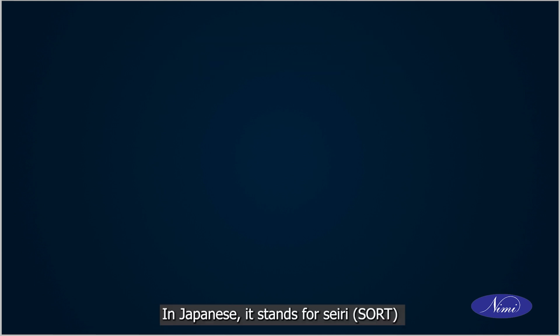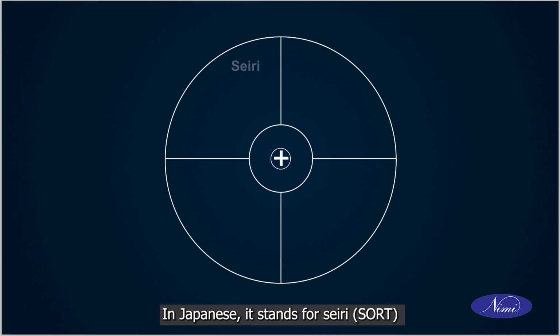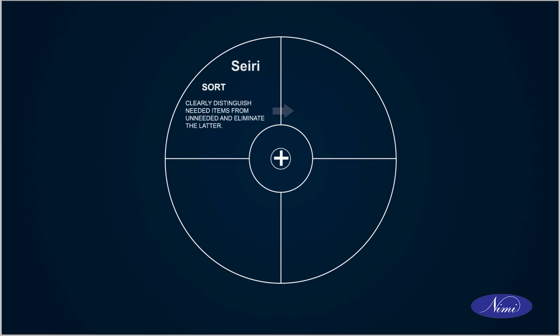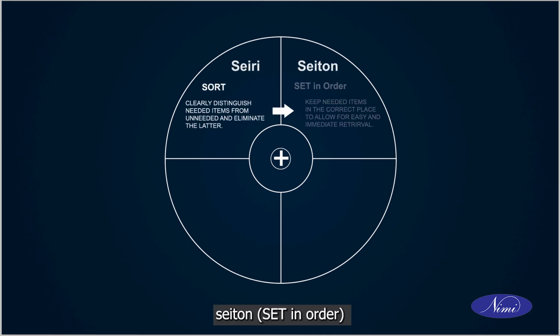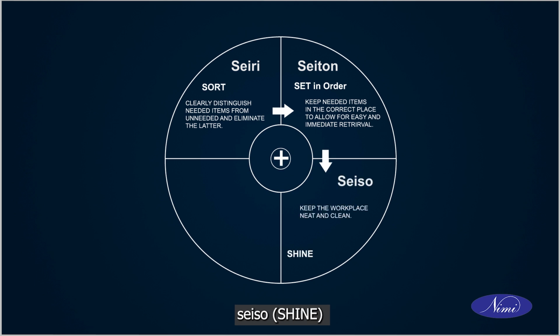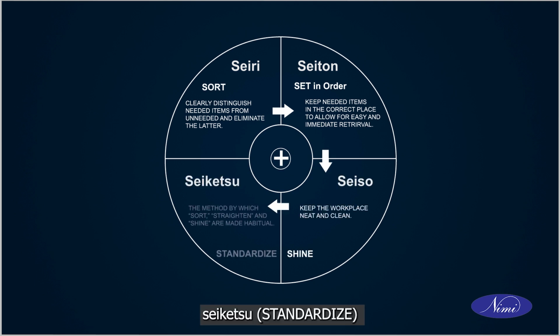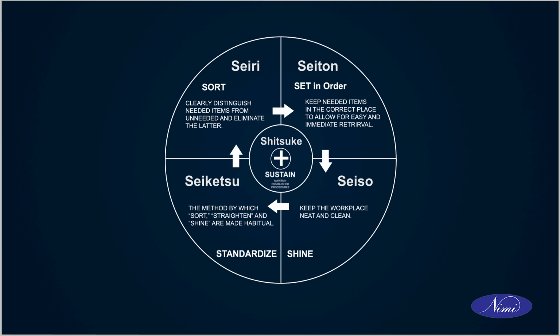In Japanese, it stands for SEIRI, sort, SEITON, set in order, SEISO, shine, SEIKETSU, standardize, and SHITSUKE, sustain.